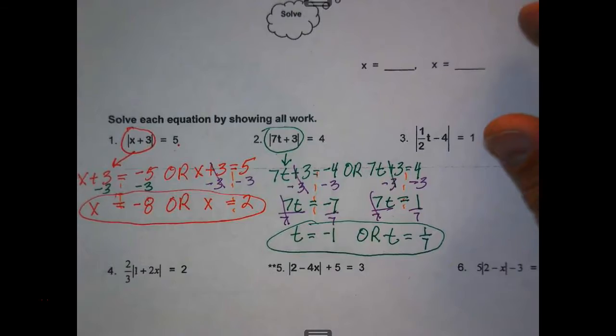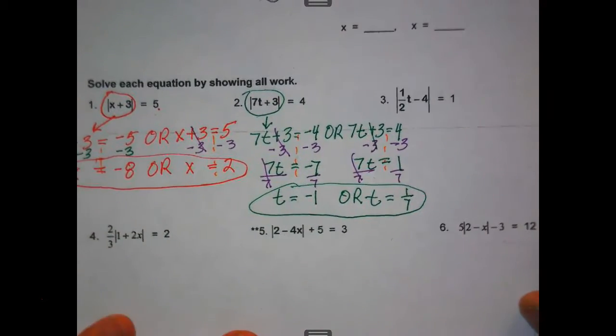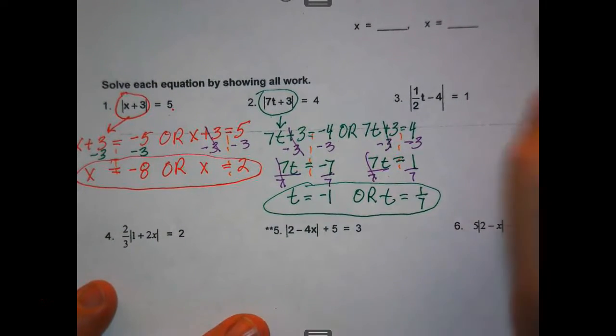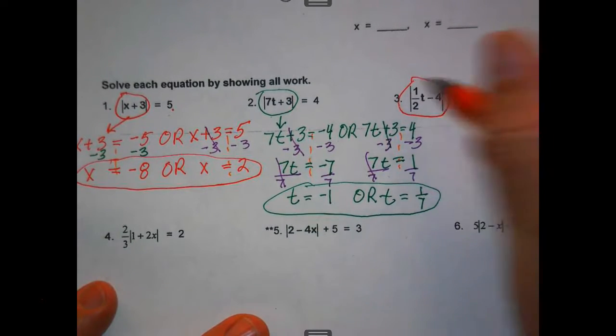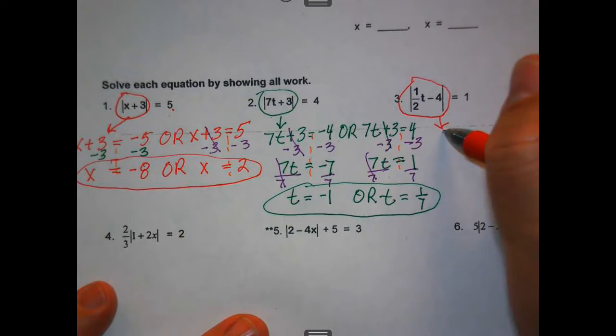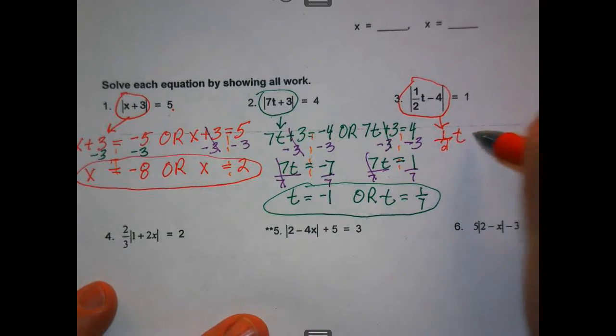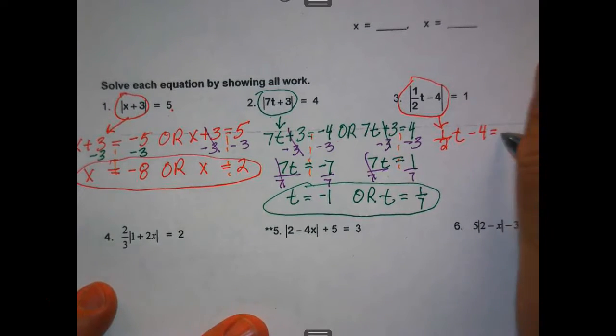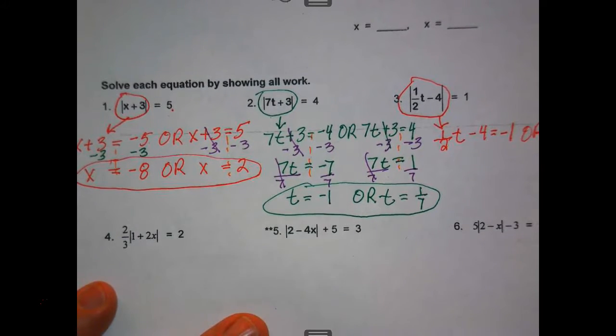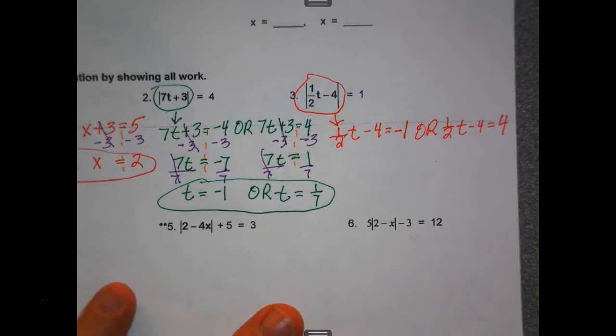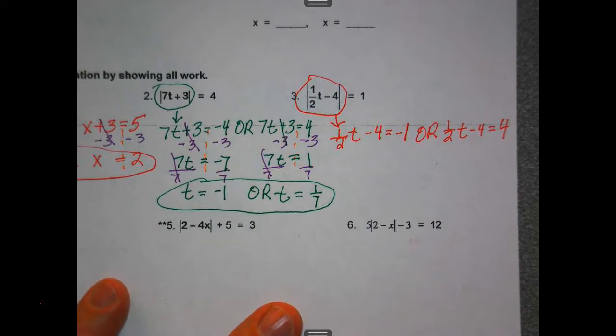We need to do the fraction one. Okay, it's by itself. So take what's inside, 1/2 t minus 4, set it to a location point to the left. Or take what's inside, set it to the other side, positive. Have each one separate. Add 4 to both sides.